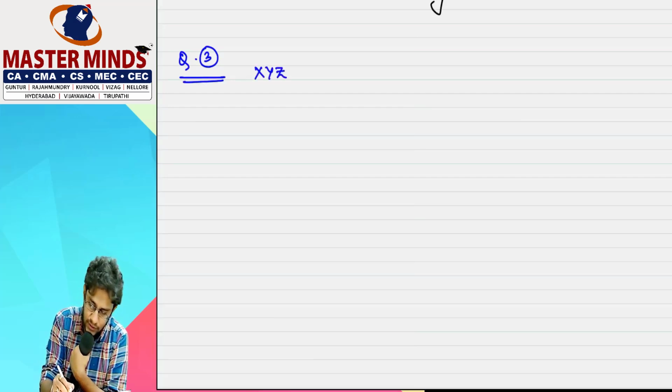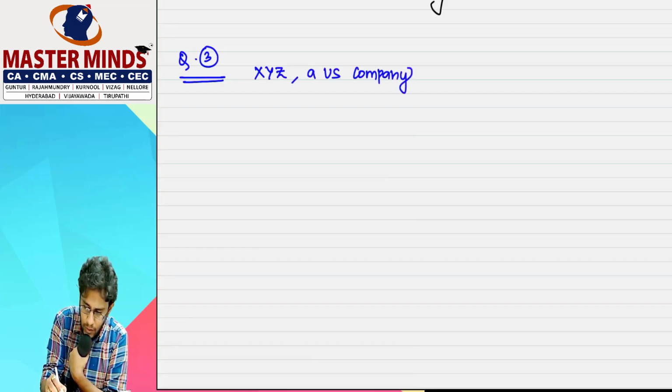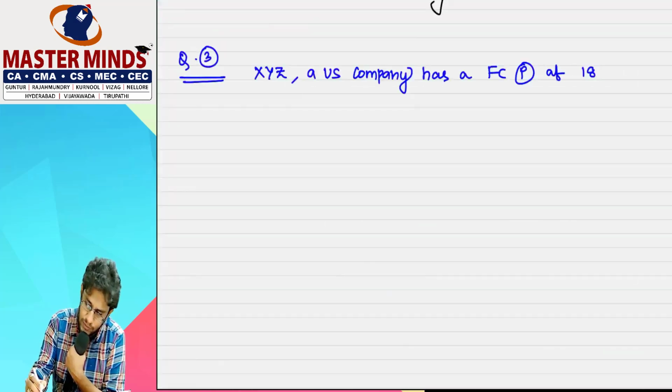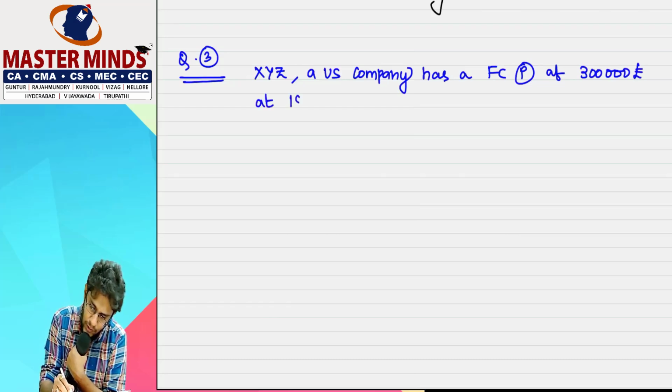Right, sir. XYZ, a US company, has an FC payable of how many pounds? 3 lakh pounds at 180 days.